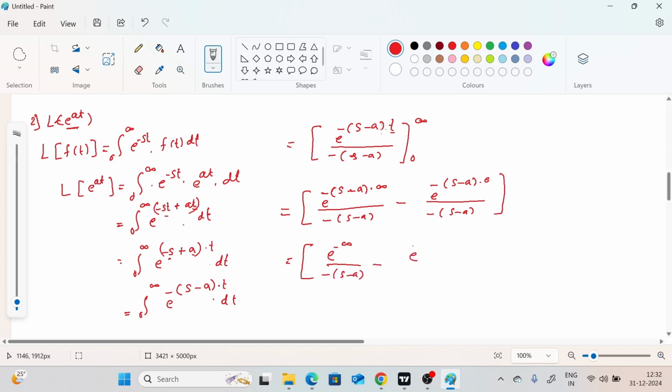Anything into 0 is 0. No need to put a minus sign because 0 doesn't have plus or minus. In the last equation we already discussed e raised to minus infinity is 0 and e raised to 0 is equal to 1. So 0 upon minus s minus a, minus 1 upon minus s minus a.